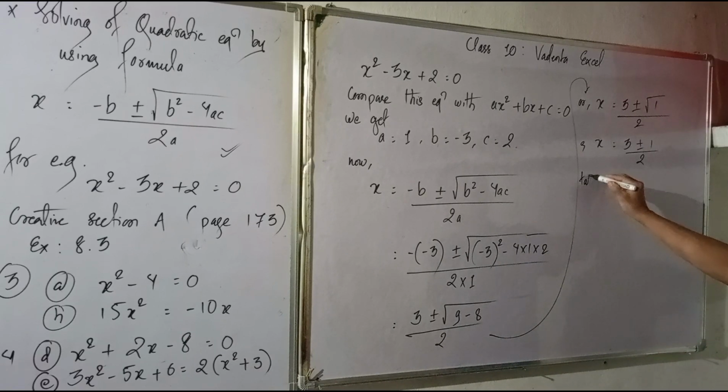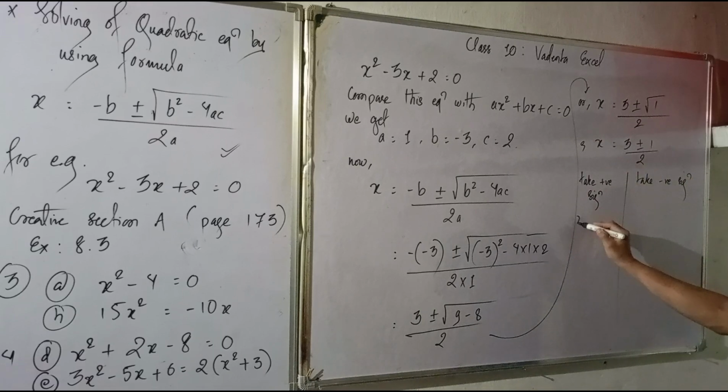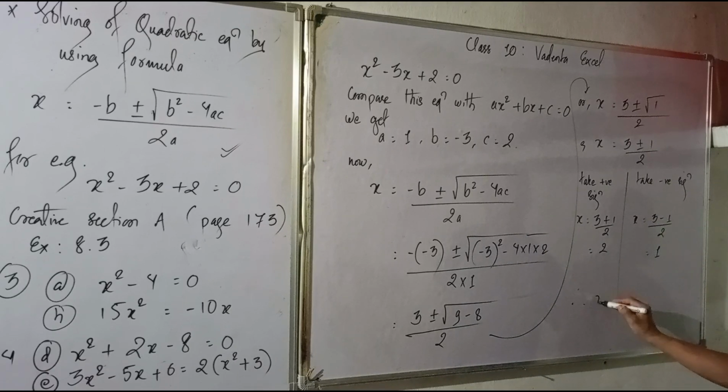Now you can take the positive sign and the negative sign. Taking the positive sign, 3 plus 1 divided by 2, you get 2. Taking the negative sign, 3 minus 1 divided by 2, you get 1. So there are two values for x: one is 1 and the other is 2.